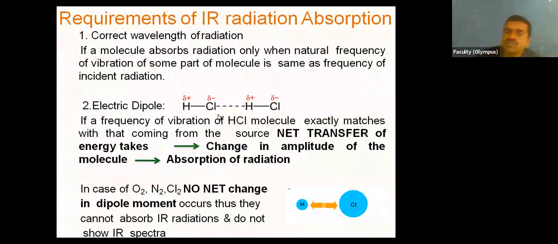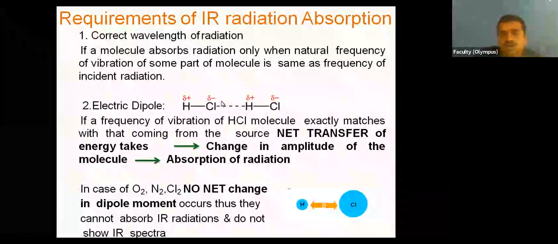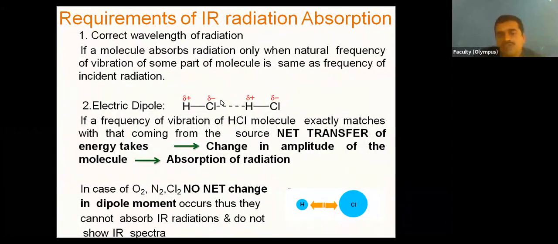The same way, if this molecule is vibrating, here also there is a fluctuating electric field. Due to vibration of this molecule, the electric field is fluctuating in the molecule, and the electromagnetic radiation also has a fluctuating electric field, and those two electric fields interact with each other.